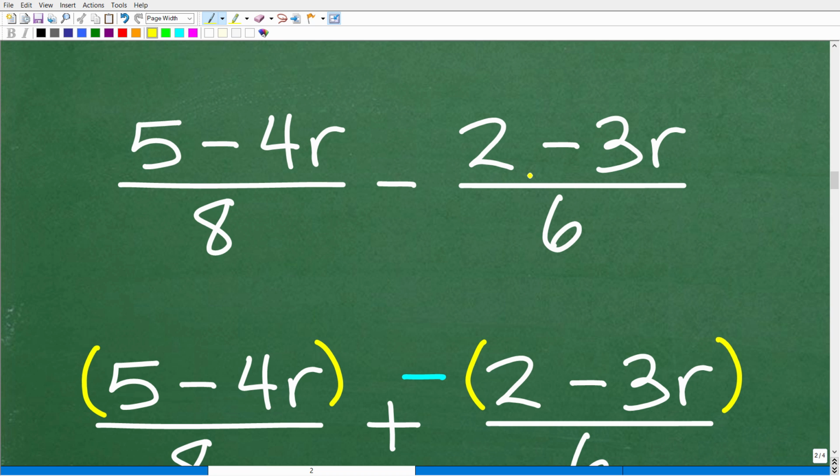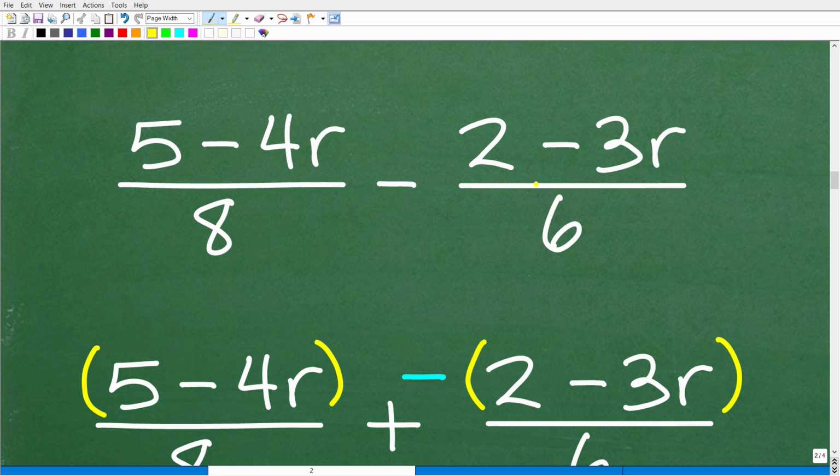If they are nice, they'll put parentheses around these expressions. Oftentimes they do not put parentheses around, because I guess they just want to see what you know. But I'm telling you right now, anytime you see sums or differences in algebra, in mathematics, put grouping symbols, i.e. parentheses, around these expressions. Just get in the habit of doing that.